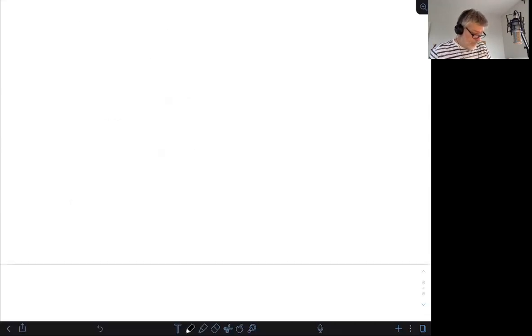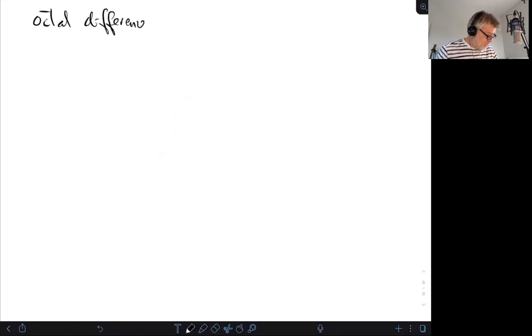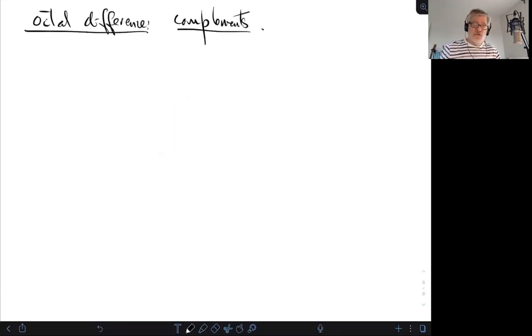Okay. So octal difference. We're going to use complements. Okay. So how did this work in binary and in decimal? You remember in decimal we had the nines complement where you do 9 minus each digit. The tens complement, you add 1 to this. In binary, you had the ones complement, which you just flip the bits.